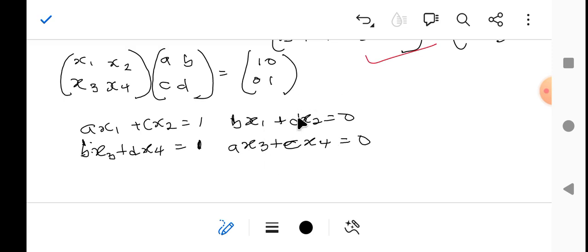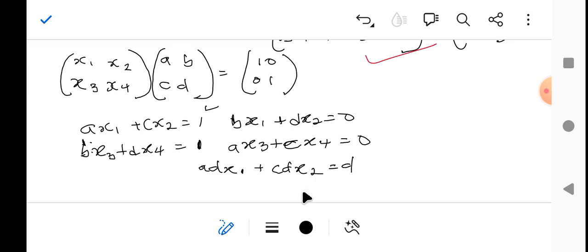So consider all these equations, right? This particular equation, let's multiply equation 1, this first equation, by d and see what we will obtain. If we multiply that equation by d, we're going to have straightforward adx1 plus cdx2, and this should be equal to d, right?